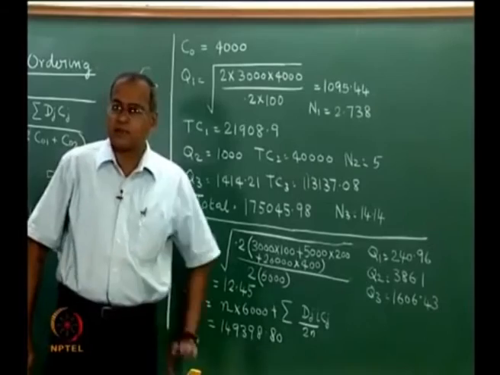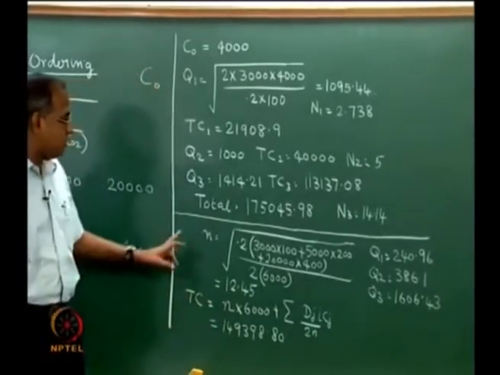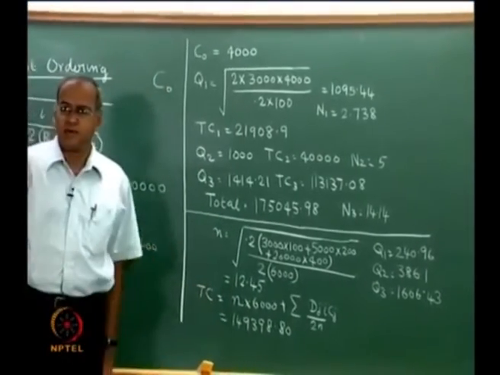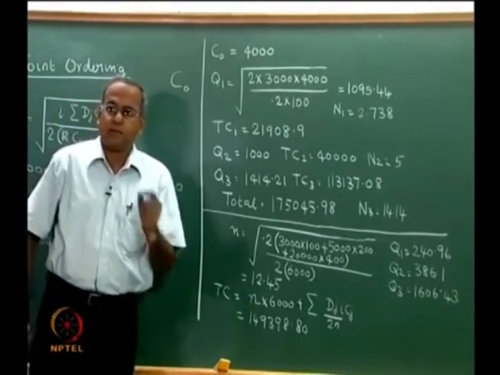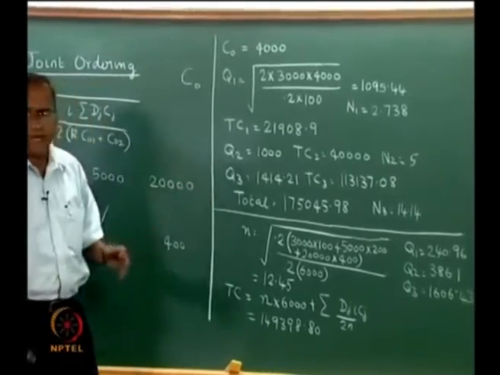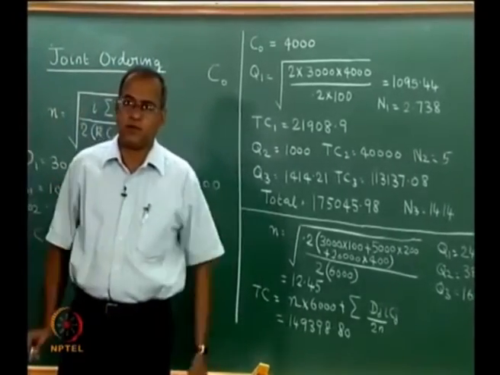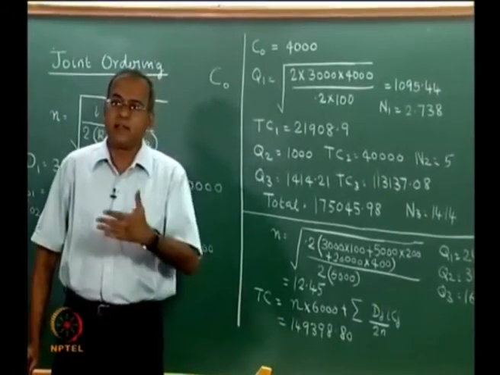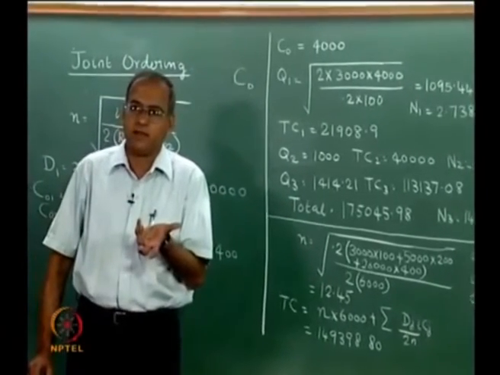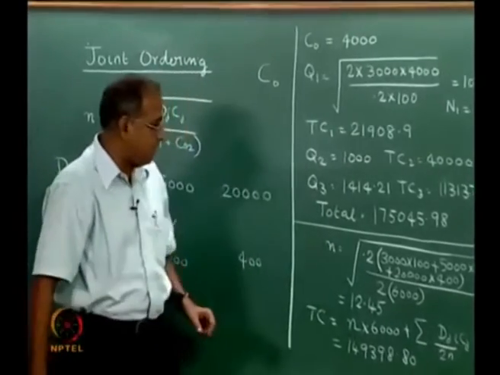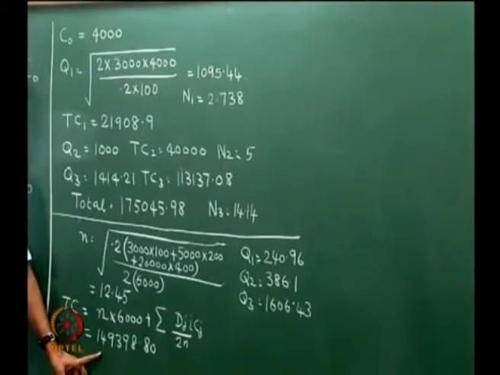So, the other question that comes is, now instead of assuming an equal number of orders n, can we assume unequal number of orders, but the number of orders for each item is a kind of an integral multiple, and then can we check whether we can have some kind of partial saving, but yet try and reduce this 149398 further.